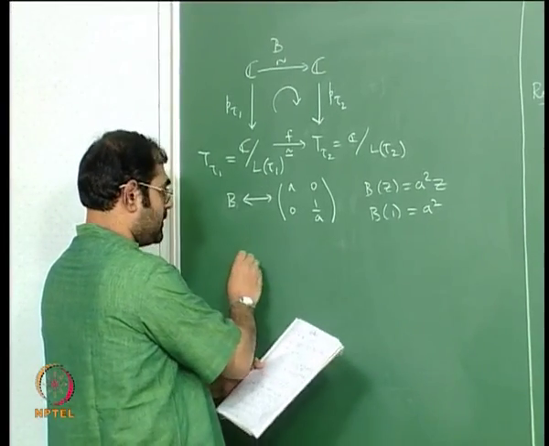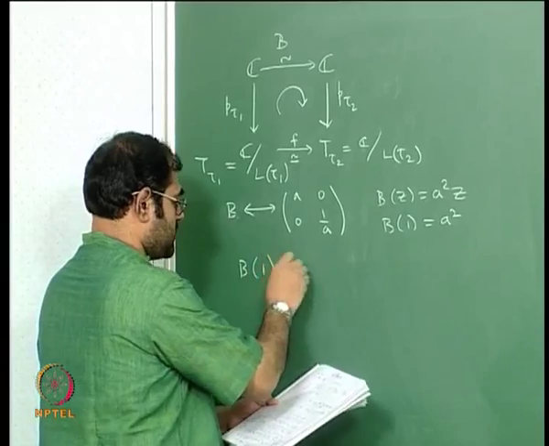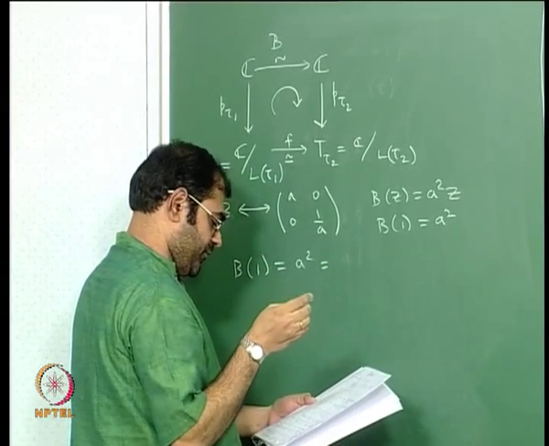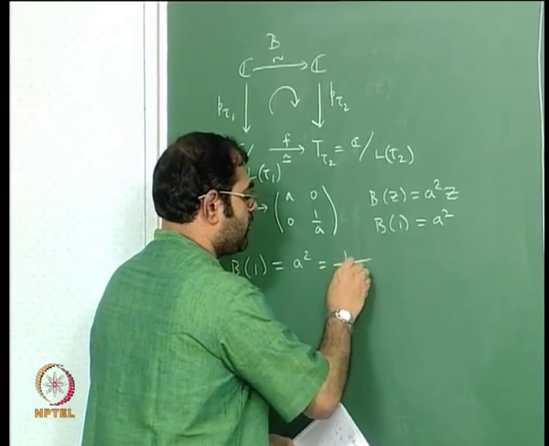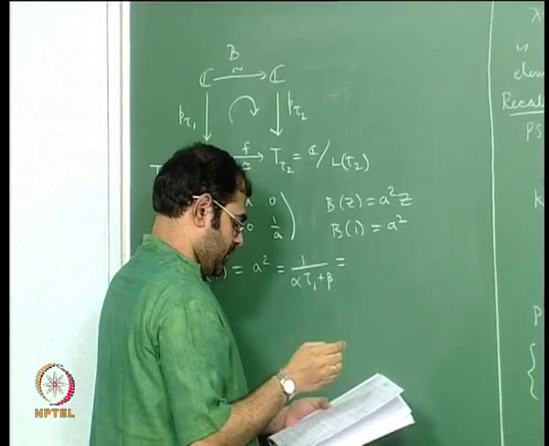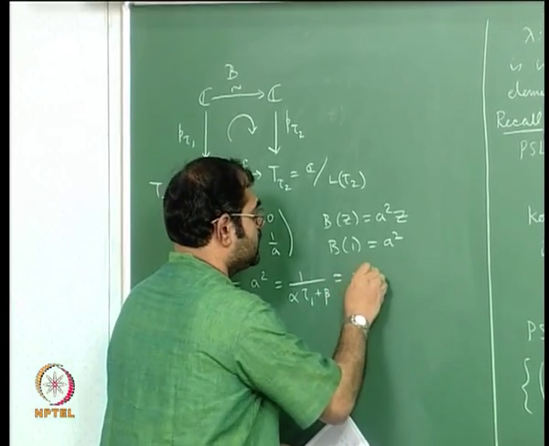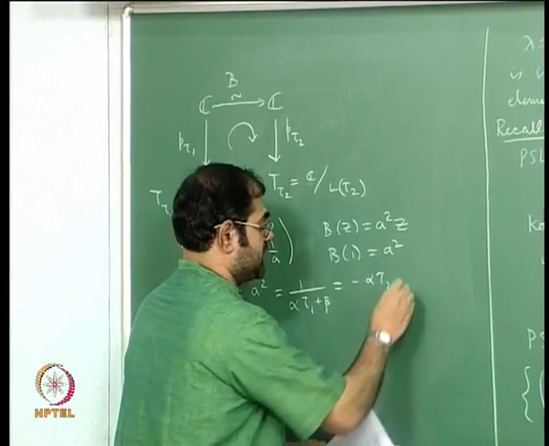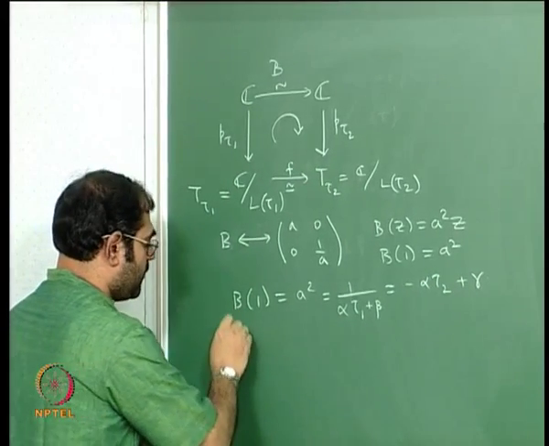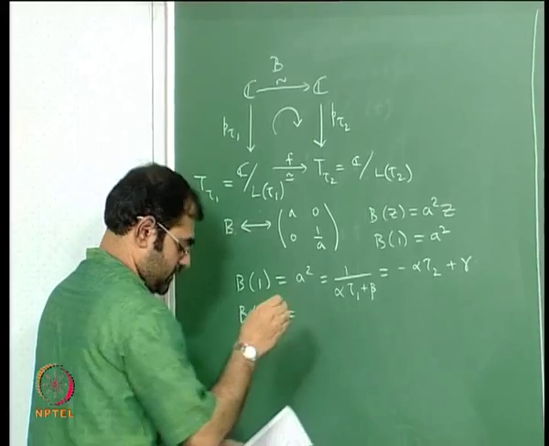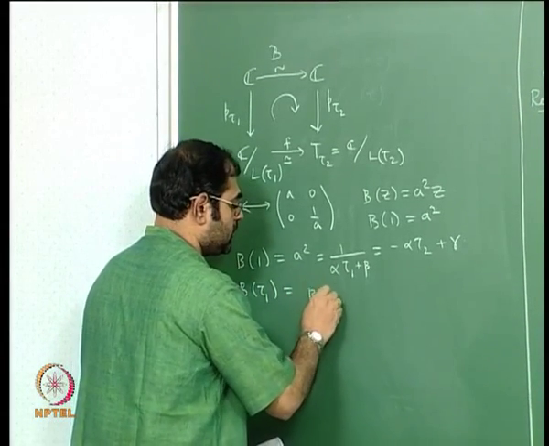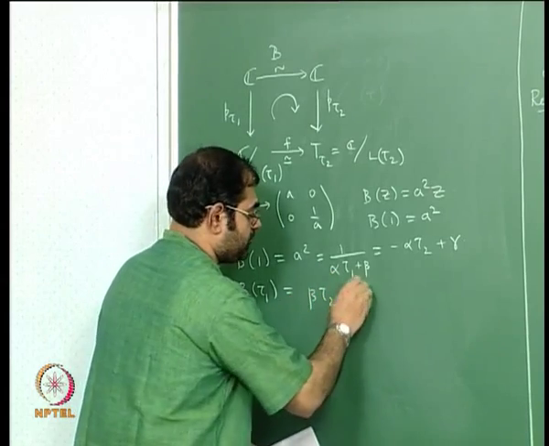In fact if you calculate, B of 1 turns out to be A squared, which is 1 by (alpha tau 1 plus beta), and that turns out to be minus (alpha tau 2 plus gamma), and you can see that B of tau 1 turns out to be beta tau 2 minus delta, okay.